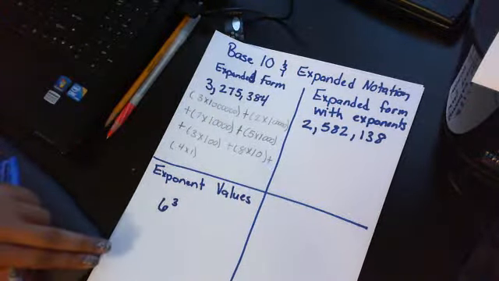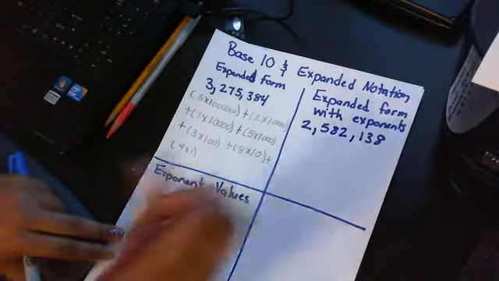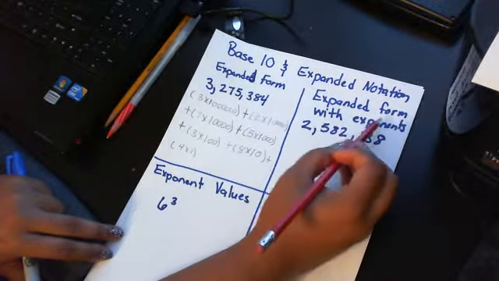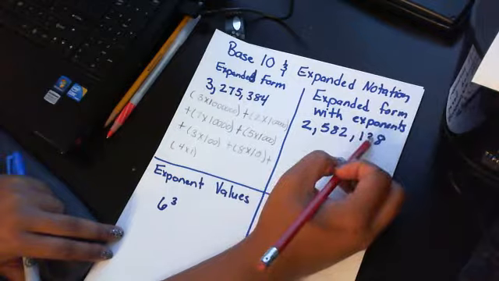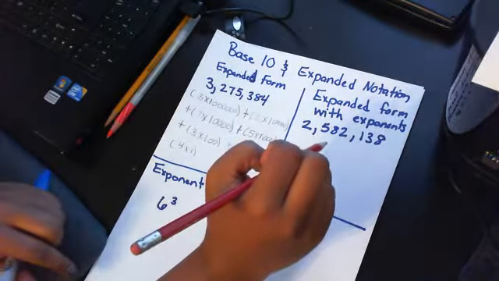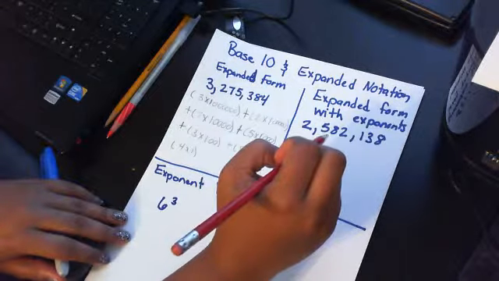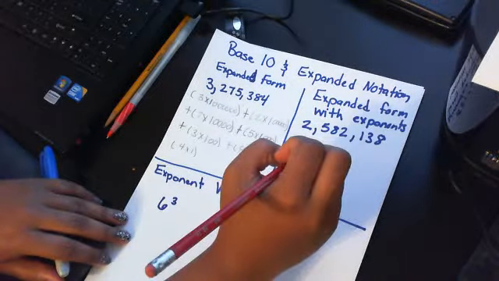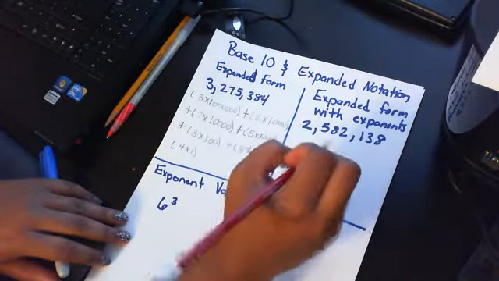Now let's look at the next problem. It says write an expanded form with exponents. So we're going to do kind of the same thing, except now it is going to be to the base 10.